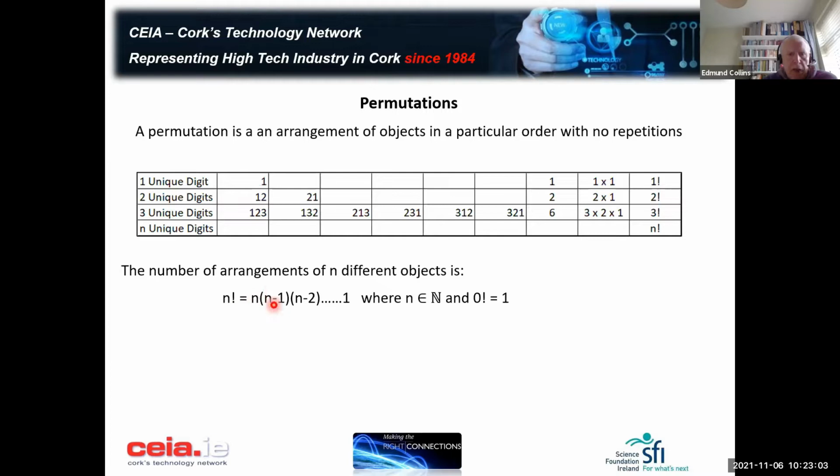So n multiplied by n minus 1, n minus 2, and so on down to 1, where n is a natural number, and factorial 0 equals 1. Very important to remember that. You could be lulled into thinking that factorial 0 was equal to 0, but it is equal to 1. And there are some proofs available online if you want to look at them to see why factorial 0 equals 1, but it does. So that's an important part of the definition of a permutation.